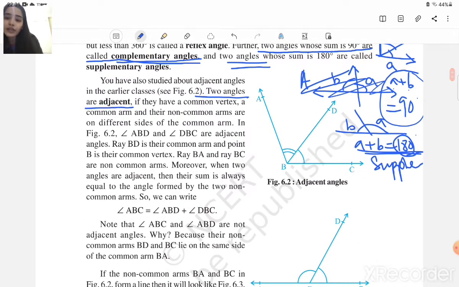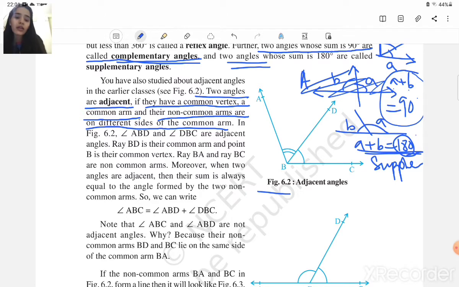Two angles are adjacent if they have a common vertex and a common arm, and their non-common arms are on different sides of the common arm. Here is the definition of adjacent angles, and here is the diagram.